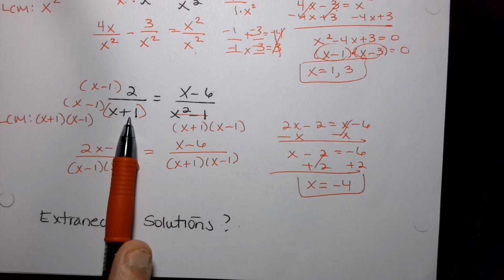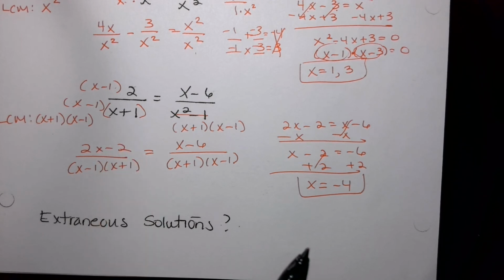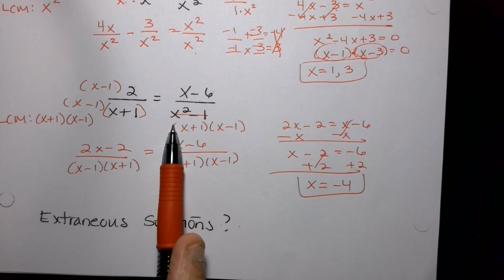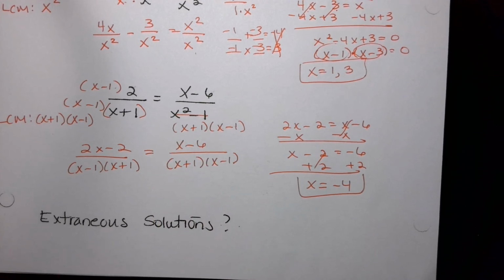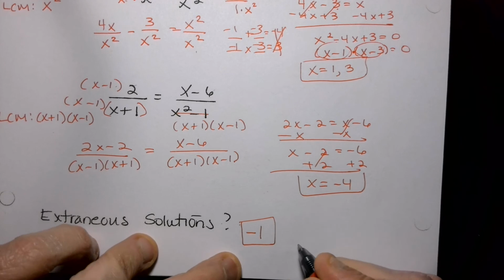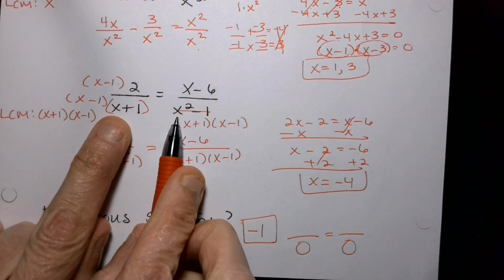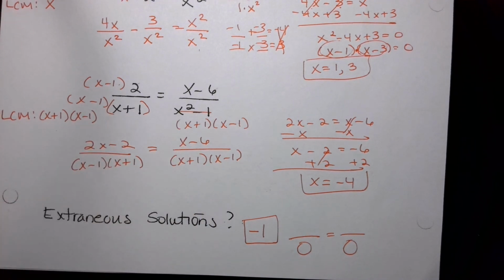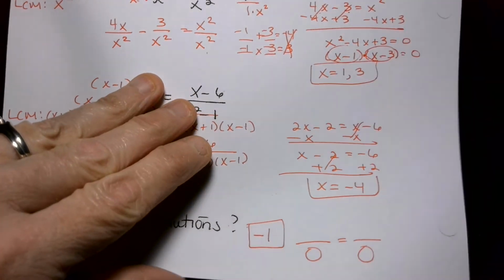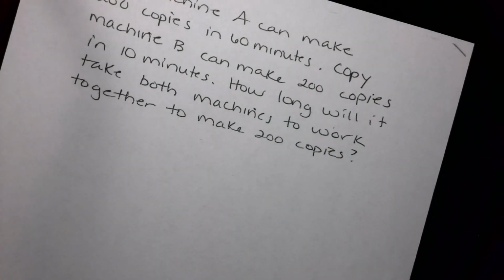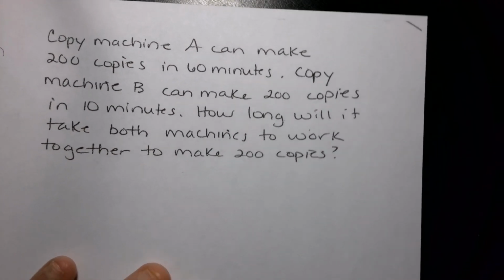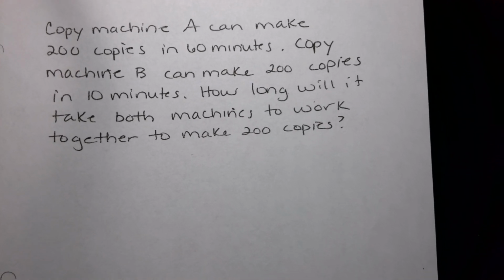Okay, -1 here would make that a 0 on the bottoms when you put a -1 in up here for these. Okay, so that would be an extraneous solution. So it's kind of like when we thought about the domain and what that could be. It's similar.